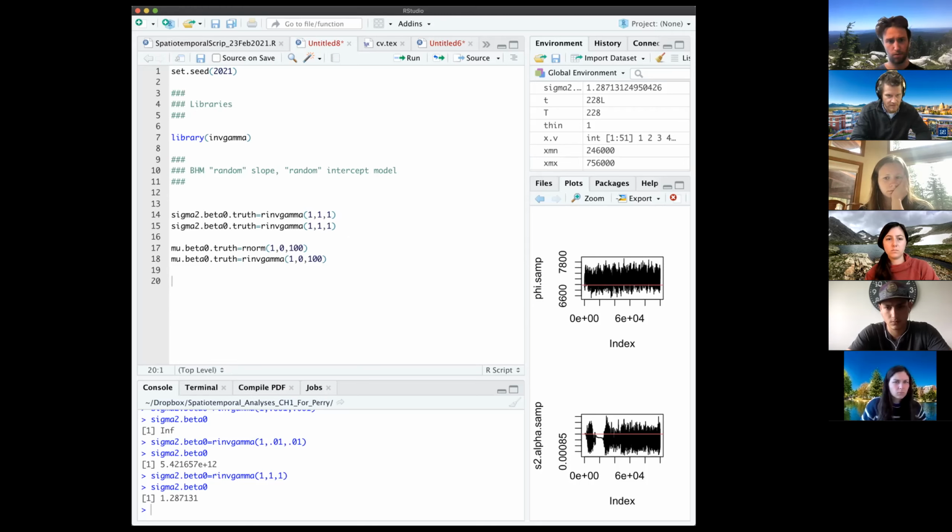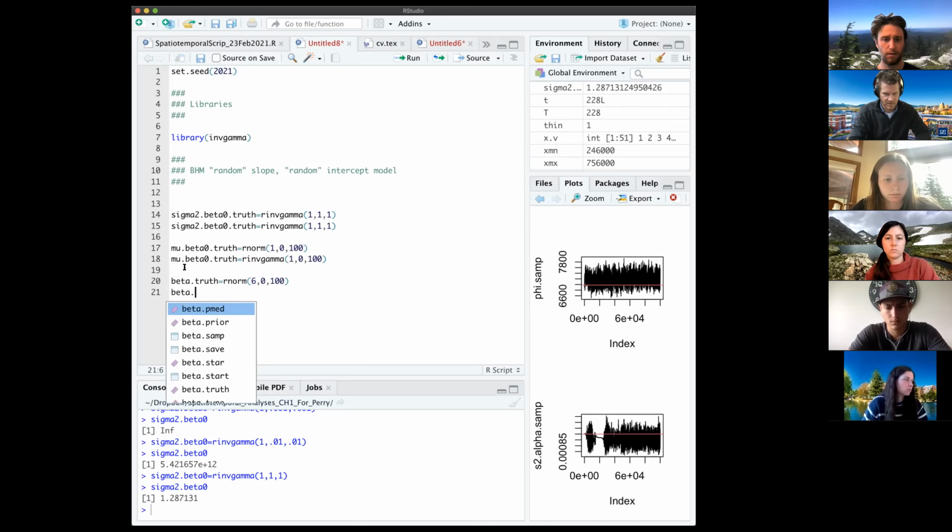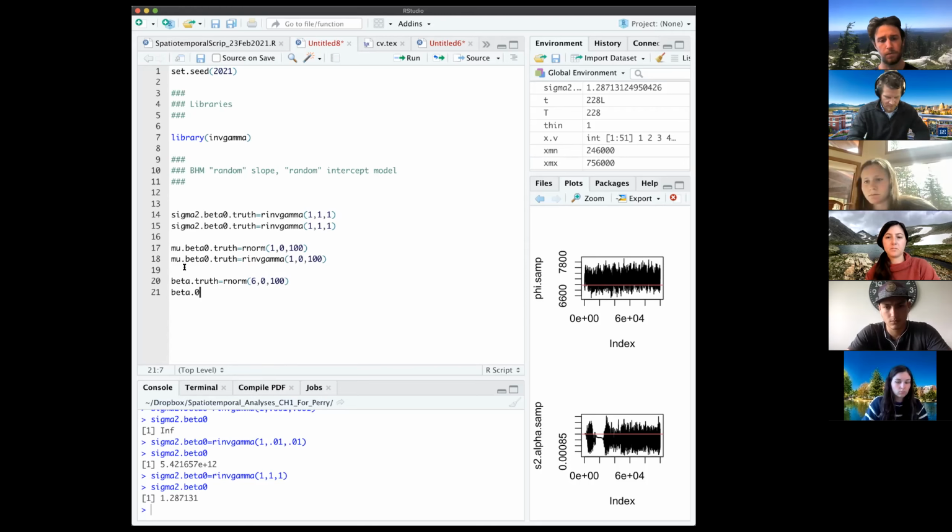We also have betas. How many were there? 6. And they came from a mean with standard deviation of 100. All right, now we have beta zeros, and there are 7 groups, right? Beta 0.